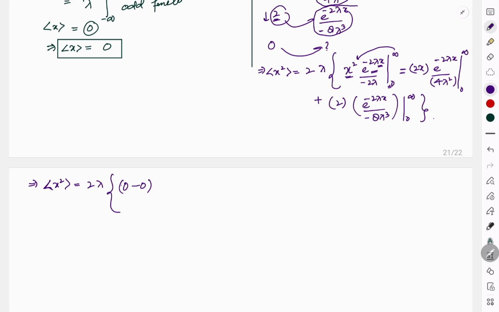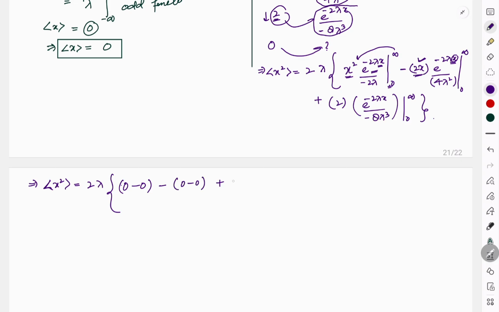Okay, and there it is minus, don't get confused, it's minus here, and minus again when we give infinity to this it becomes infinity, but when we give infinity here in place of this x, it becomes 1 divided by e to the power, but that would decrease faster than this and it again vanishes, so 0 minus 0.